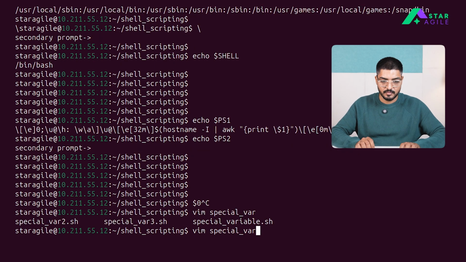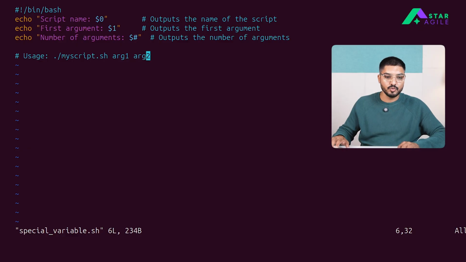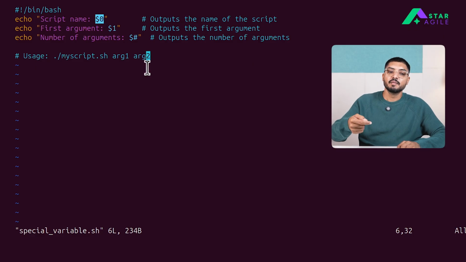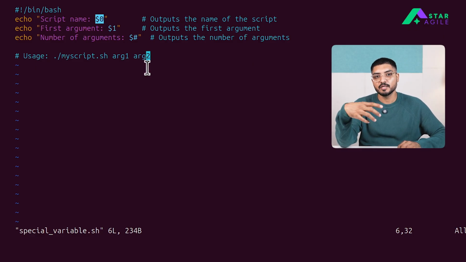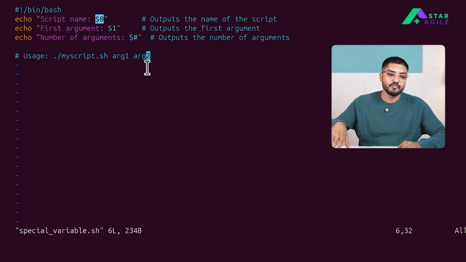Let's see, special variable. Okay, so this is a script. If you look here, we are printing three lines. One line is printing the script name, and this is a special variable which basically prints the name of the script that you are currently running.